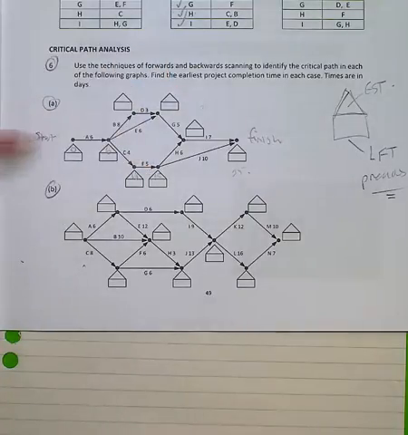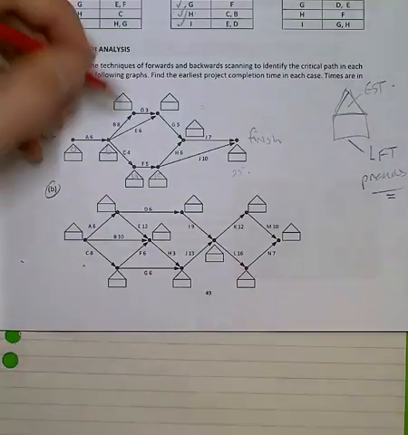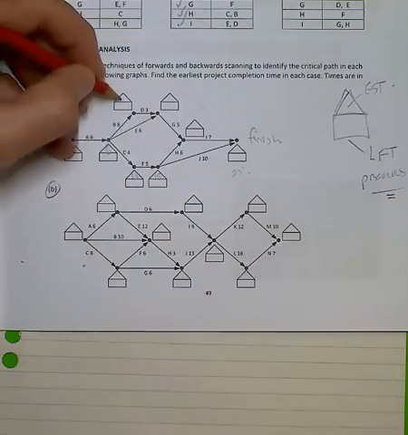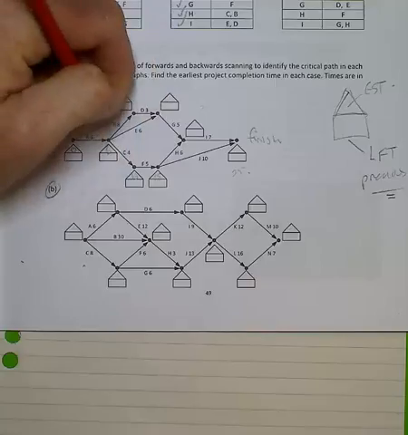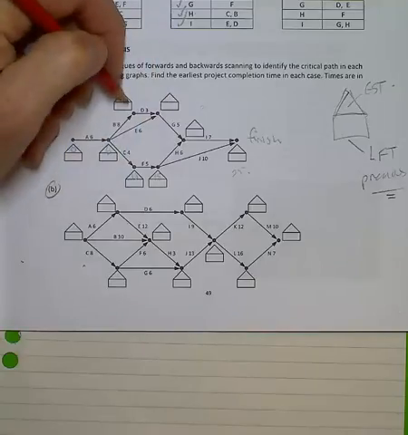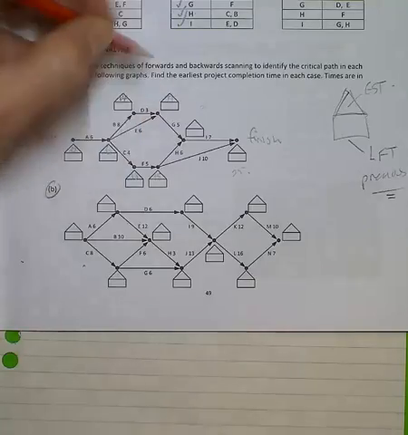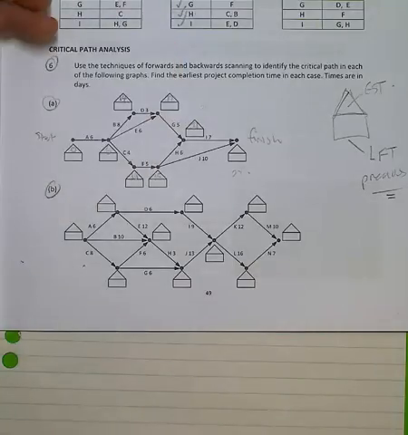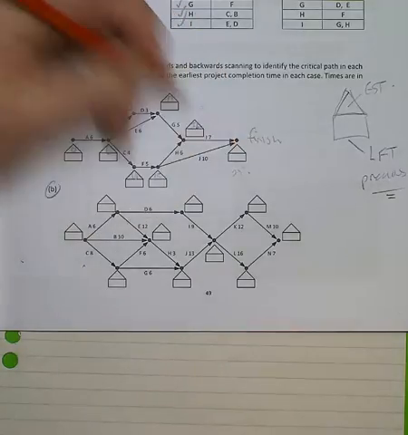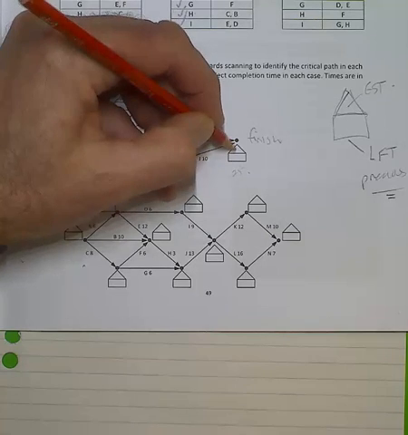But I suspect this top junction may cause a time delay. So 14, let's just check 12. No, obviously 14 and 3 gives me 17. So that 12 is not the option. 21 and 17 gives me, sorry, should be 22, gives me 29.